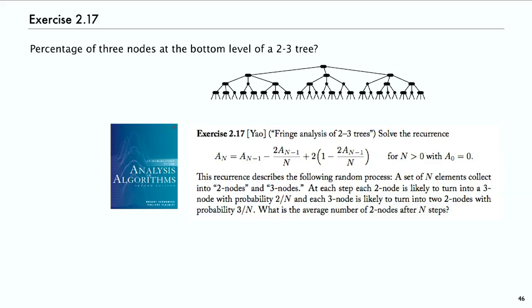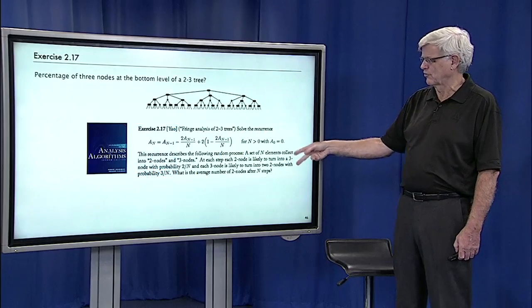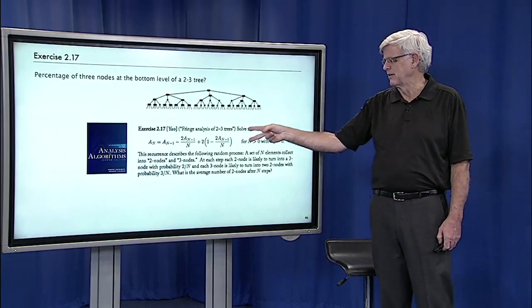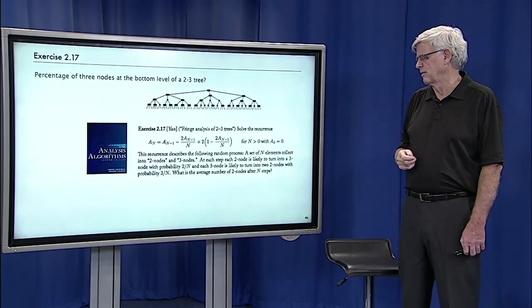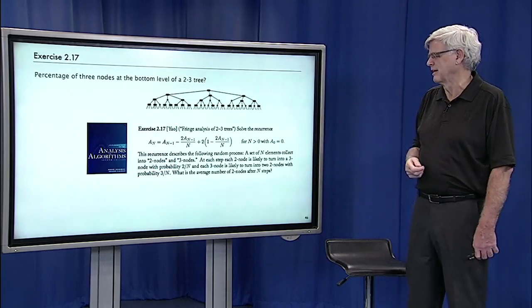First one is exercise 2.17. There's a particular data structure called a 2-3 tree. It doesn't matter too much now what it is, but there was a paper by Yao that proved that a certain property of this tree, which is described here, is described by this first order recurrence.